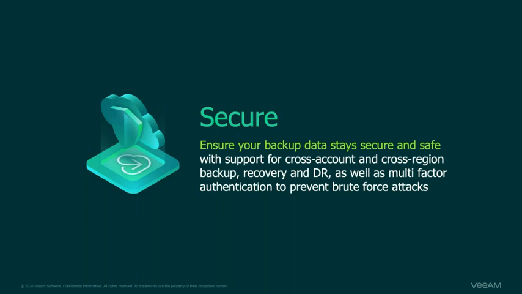So we always talk about in the backup industry the 3-2-1 rule as a best practice, where you have 3 copies of your data across 2 media types with at least 1 off-site. That doesn't change in the public cloud.